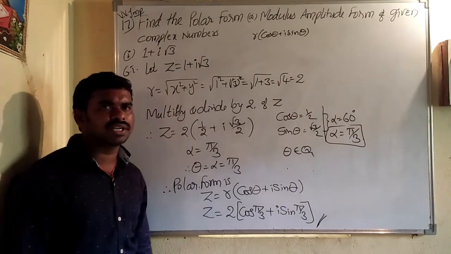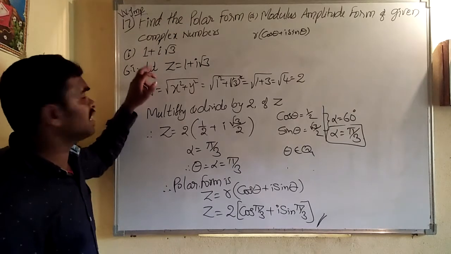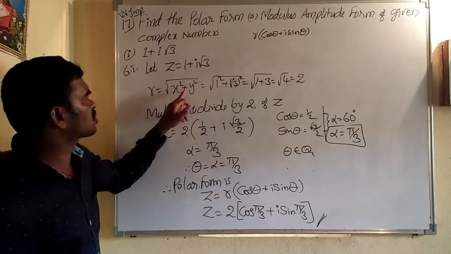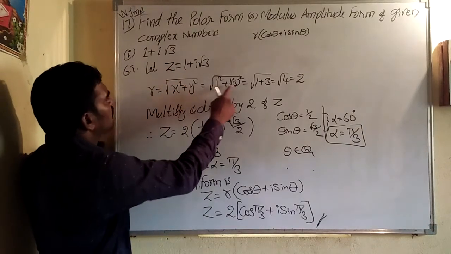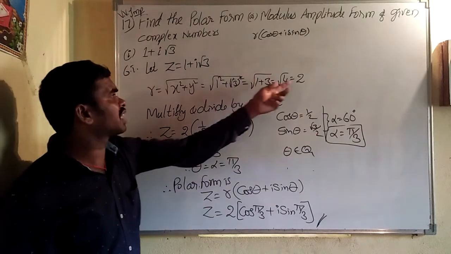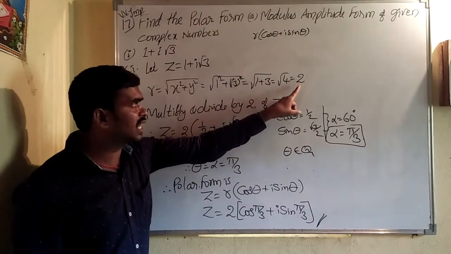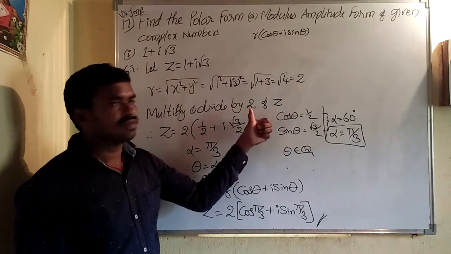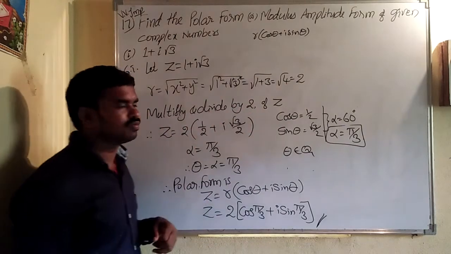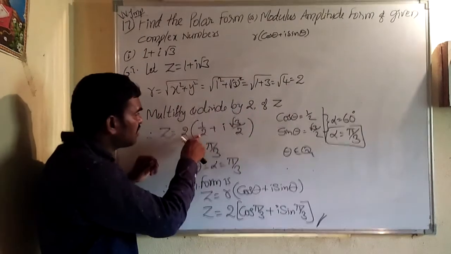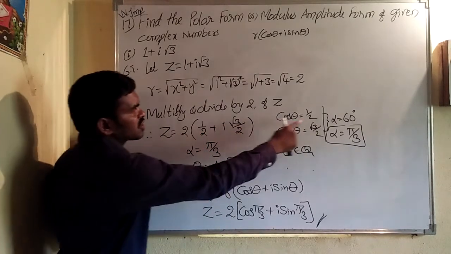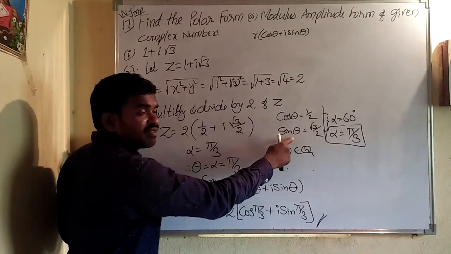Let us take one more question. See once again, this is x, this is y. So the r value is root of x square plus y square, root of 1 square plus root 3 square, that is 2. So first of all find the r value. After getting the r value, multiply and divide the complex number by it. Here we got 2, so multiply and divide with 2. Compare the first one with the cos theta value and the second one with the sin value.